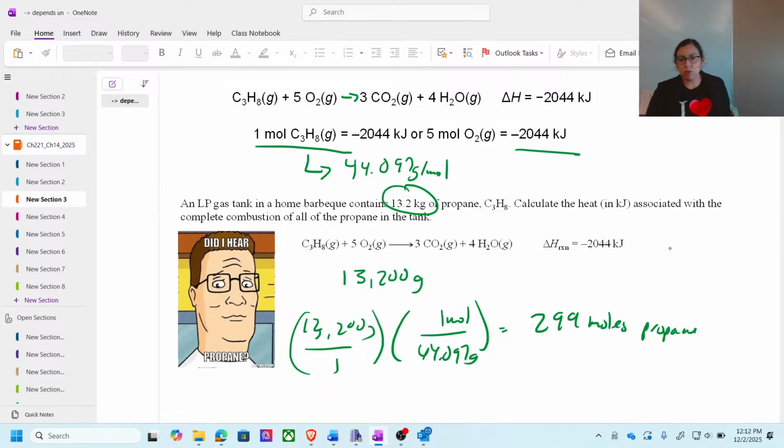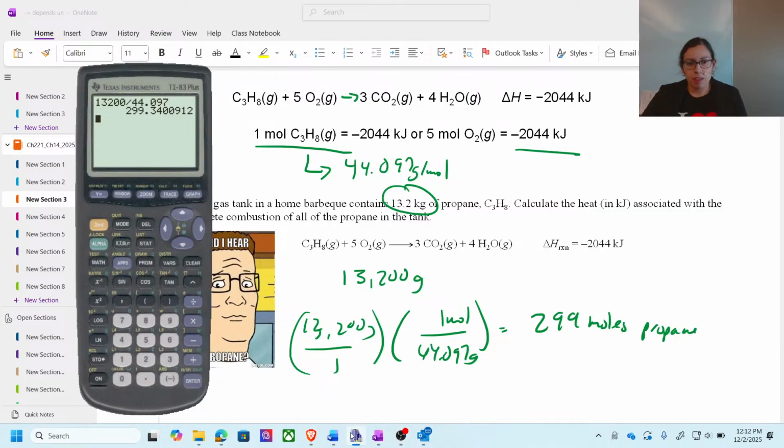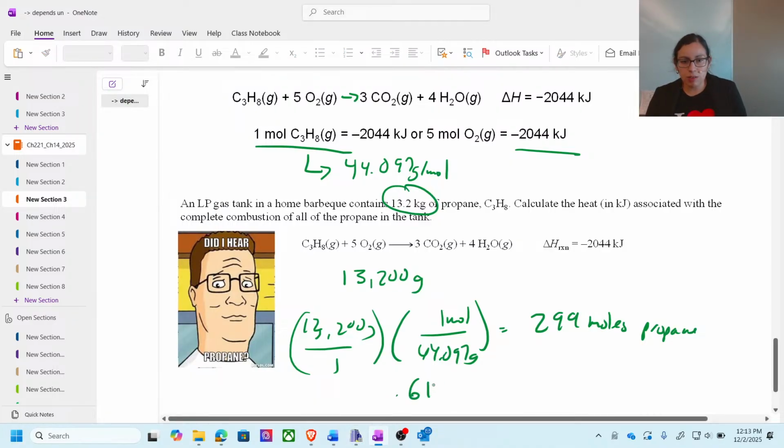And so now we can just multiply it, right? We were given what 1 mole releases, and so now we can multiply it by that same amount. And that's kilojoules, and we have 3 sig figs, so we can round it to 612,000 kilojoules roughly there.